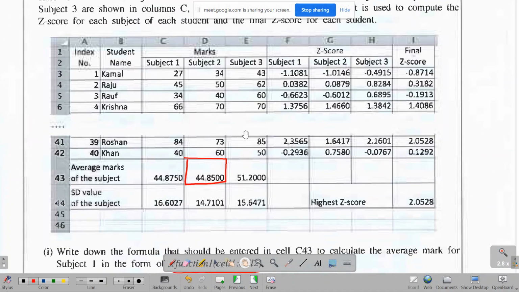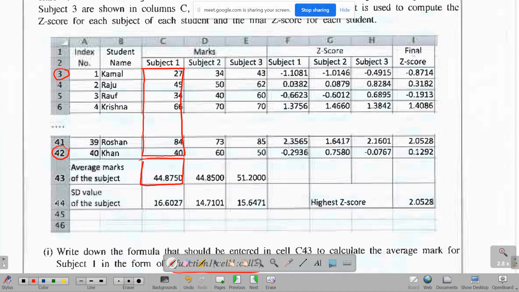Oh, I'm sorry, it's the D, not the C. So cell C43 is right over here. So they have taken the average marks of the subject. As you can see, the range starts from here, goes up to this point. So it's from 3 to 42.